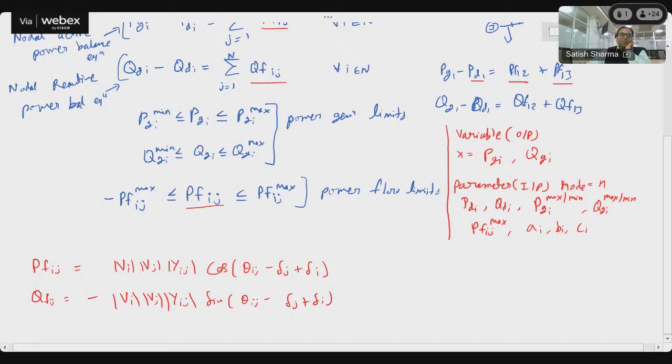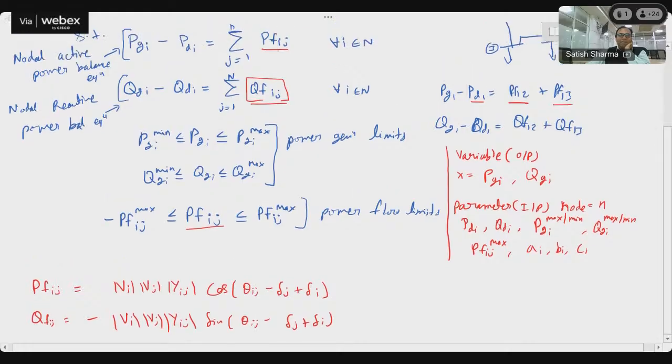If I replace QFIJ and PFIJ with the given formulations, then I have to further define certain variables. The voltages here are also variables, because depending upon the power flow, how much power is being generated, the voltage on each and every bus will change. So this Vi and delta i are also variables.